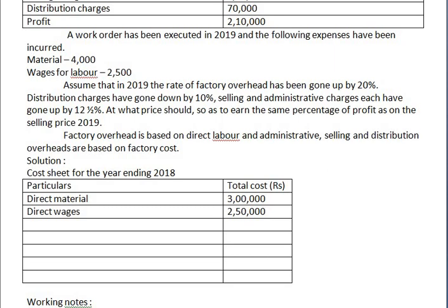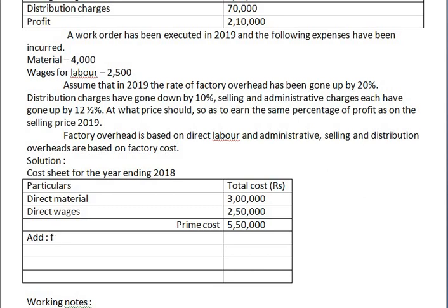Direct expense is not given in the problem, so straight away find out prime cost. Now make a total. The total is 5,50,000.